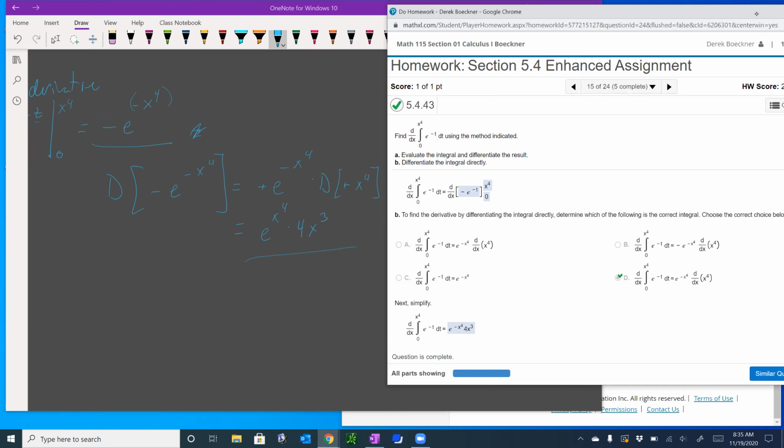So that's e to the minus x to the fourth, and the derivative of x to the fourth is 4x cubed. So you can just take this and write it down there. Other questions?